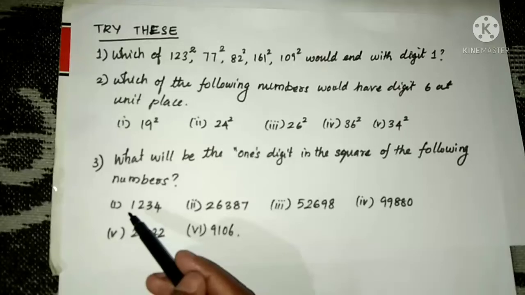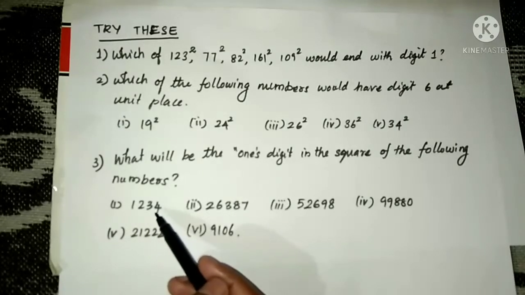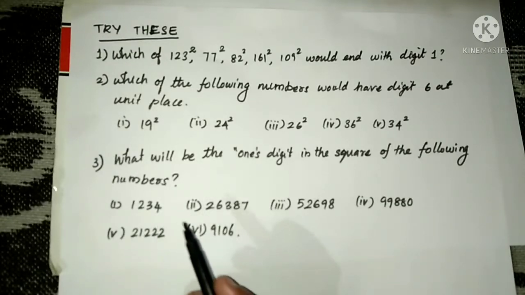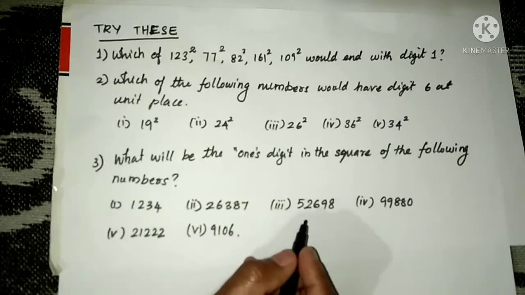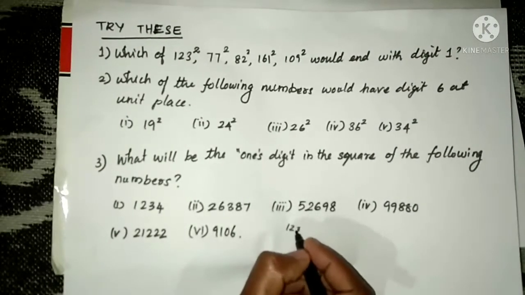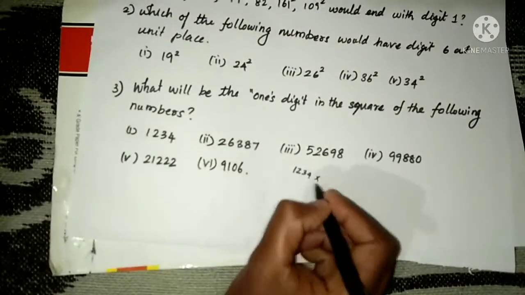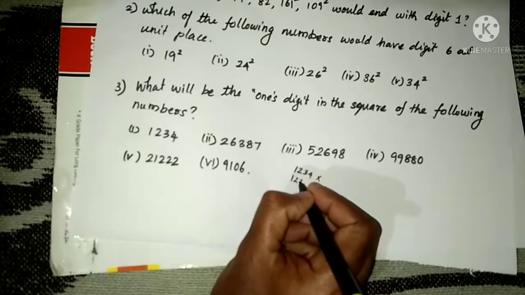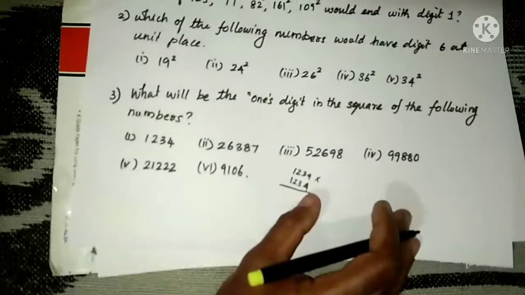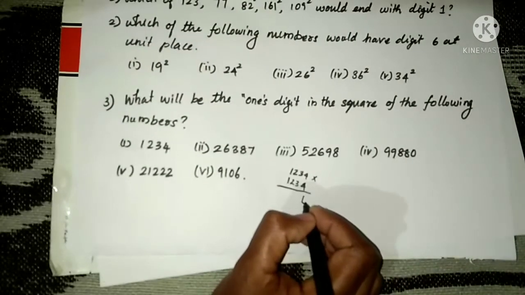Which means when you square 1234 into 1234, when we multiply those two numbers, what will we get in the units place? 4 4s are 16, so we write 6 here.